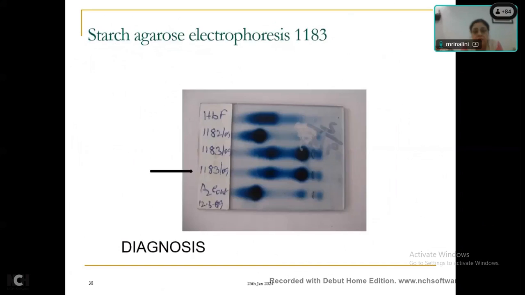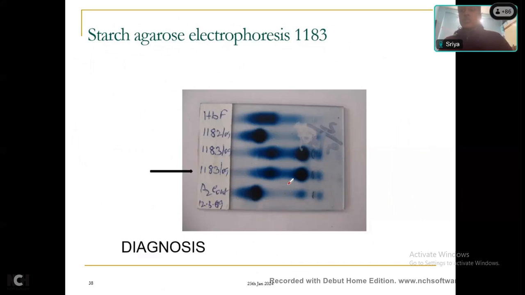So coming to the HP electrophoresis, you had to interpret lane 1183. So what did you see in this lane? Ma'am, in this, HbA2 is raised, and this is HbF.